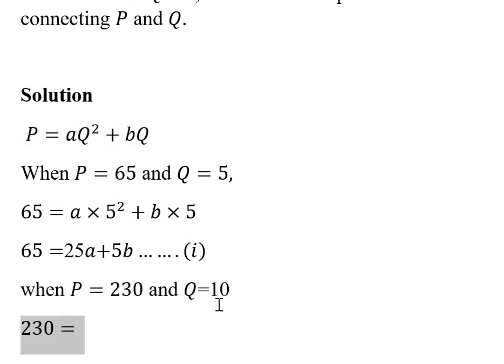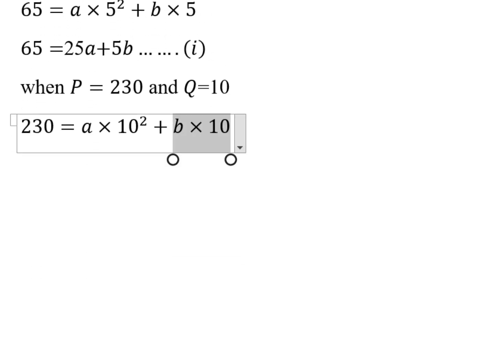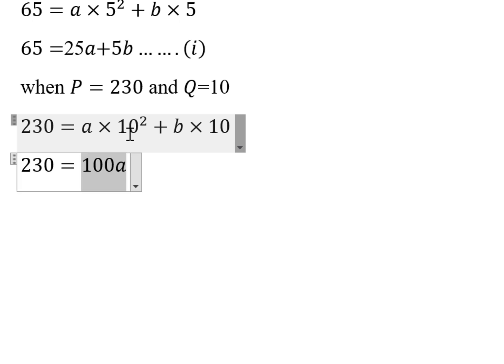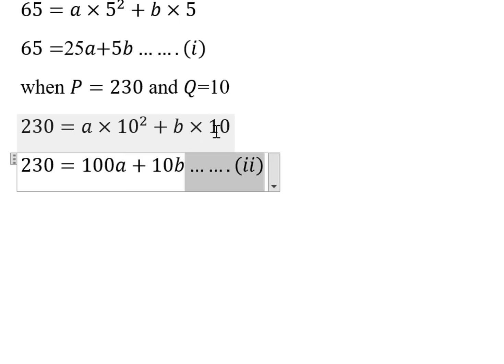Q is 10, so it will be a times 10 squared plus b times 10. Simplifying that, we shall have 230 being equal to 100a, because 10 squared is 100 times a gives us 100a, plus 10 times b gives us 10b. This is another simultaneous equation.